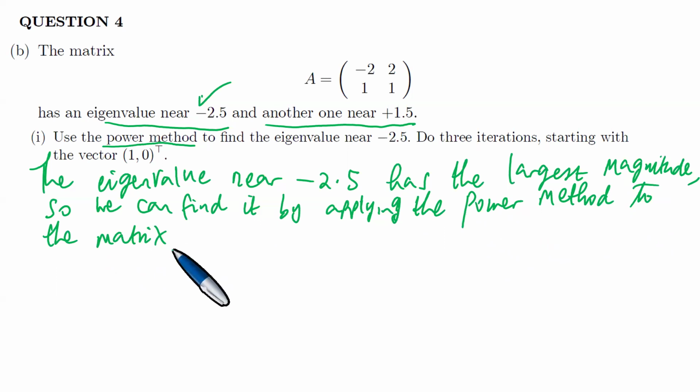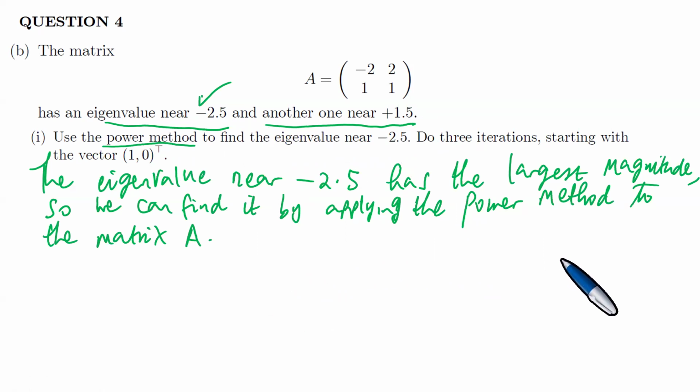As usual, we shall use the word dominant eigenvalue. And now the dominant one is the one of the largest magnitude. Obviously, if we're saying there's an eigenvalue near minus 2.5 and another one near plus 1.5, we can see that the one near minus 2.5, its magnitude is large. So we can find it by applying the power method to the matrix A that has been given.